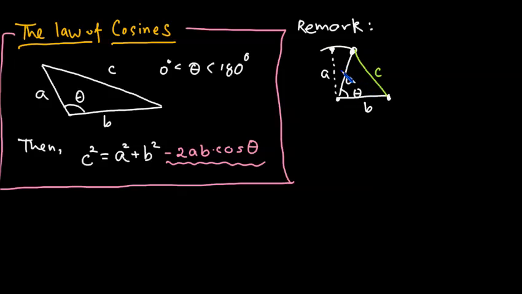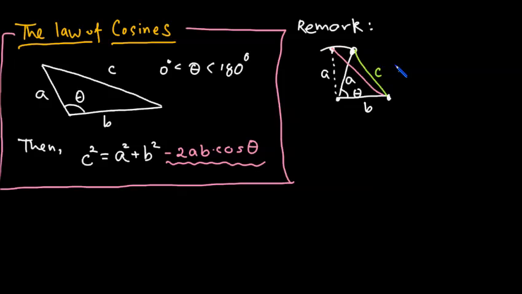I want you to compare this hypotenuse with this green line, which is the opposite side of this acute triangle. Intuitively, it seems like it's getting smaller. So C squared in this right triangle, the square of this hypotenuse, is the sum of the squares of A and B. But in here, A and B are kept the same, and C has gotten smaller.